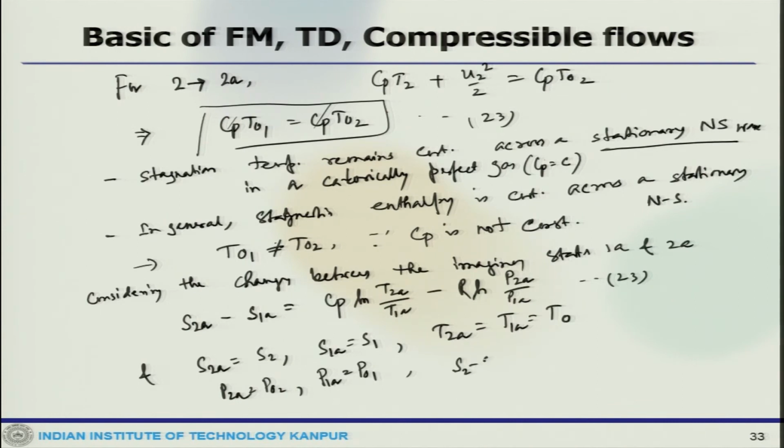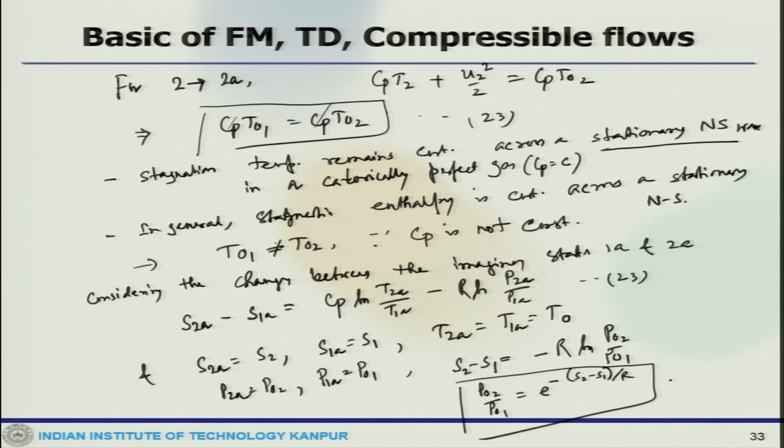So, what we get is S2 minus S1 equals minus R ln P naught 2 by P naught 1. So, what we could write is P naught 2 by P naught 1 is e to the power minus S2 minus S1 by R. So, that is what you get for the stagnation pressure ratio relationship.